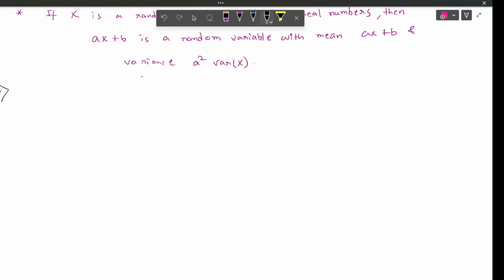Our first question is, a discrete random variable x has the following probability distribution.